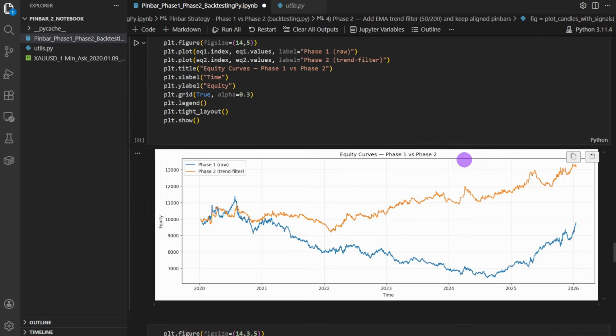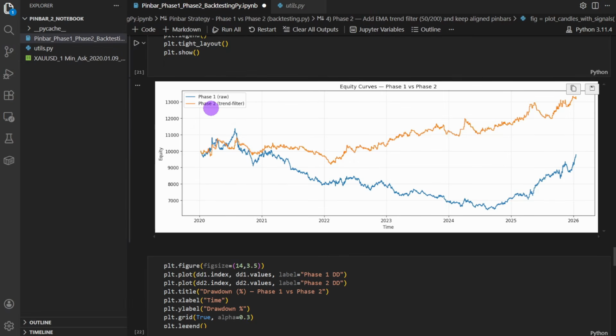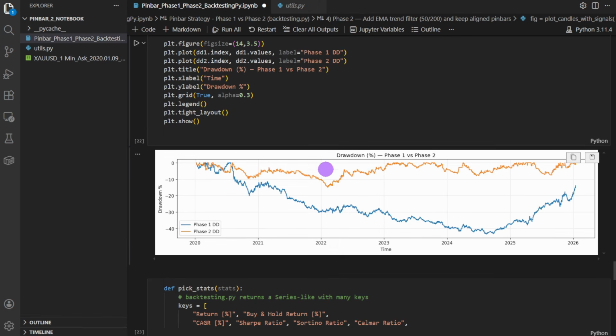Now for the visuals, we can plot the equity curves of phase one and phase two. We can see that phase one, which is the blue curve, is in the negative, and phase two is showing a more positive slope of the growing equity. We also can plot the drawdown percentage to visualize the risk, and phase two is much better. In this case, we can see that through time, we didn't have those big dips.